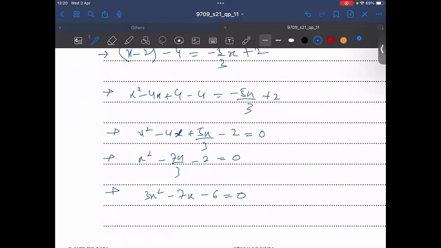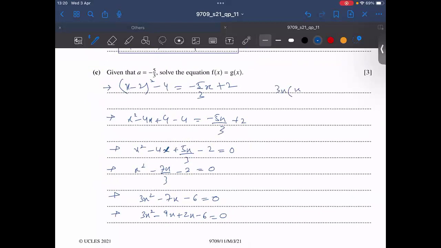I've taken the LCM and then I moved 3 to the other side of the equation, multiplying it to 0. So 3x square minus 7x minus 6. Okay. 3x square minus 9x plus 2x minus 6 equal to 0. We have 3x times x minus 3 plus 2 times x minus 3 equal to 0. So you have 3x plus 2 and x minus 3 equal to 0. And x is going to be equal to minus 2 over 3 and 3.